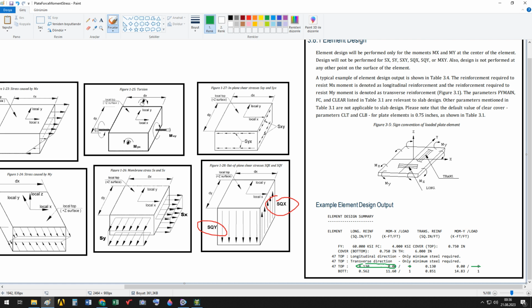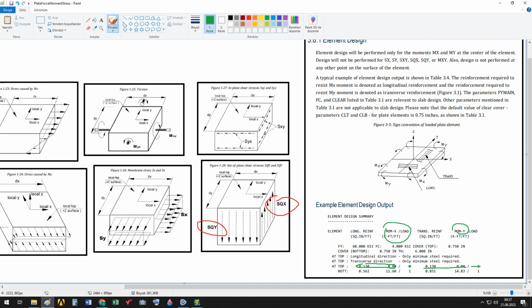The value of mx is carried here. At the top, in the transverse direction, the value of my is kept here. Okay. Both have 0 values. So minimum reinforcement is put there.